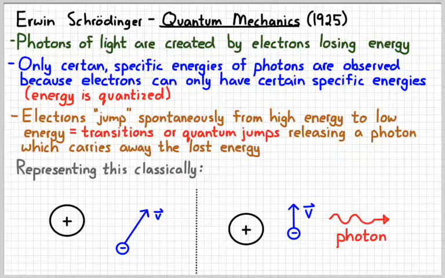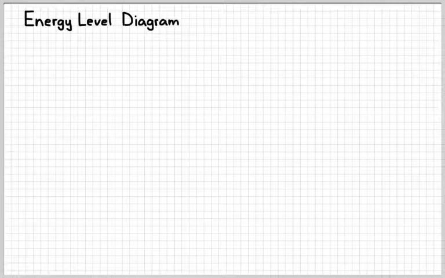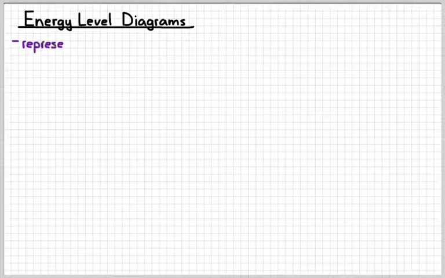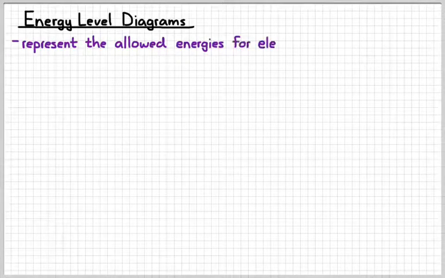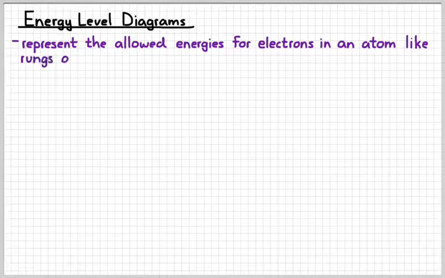So that's what the classical picture might look like. Of course, the classical picture is not going to be good enough. So a better way to represent this is with something called an energy level diagram. An energy level diagram basically represents the allowed energies for electrons in an atom, kind of like rungs on a ladder.